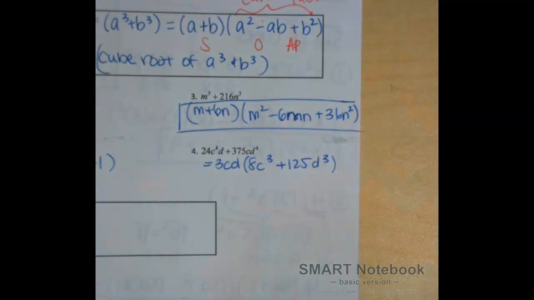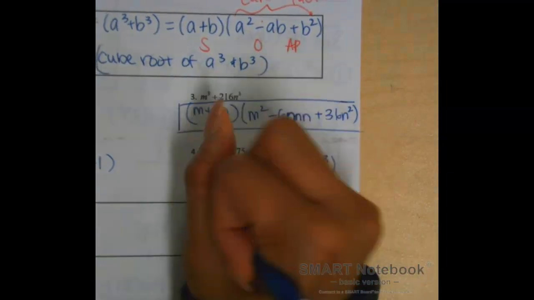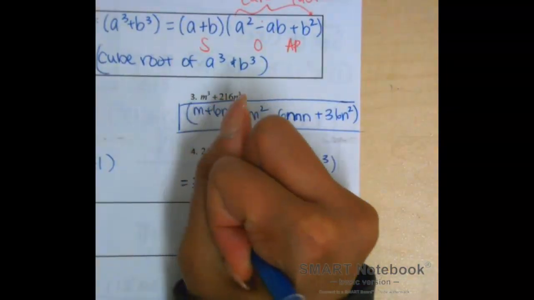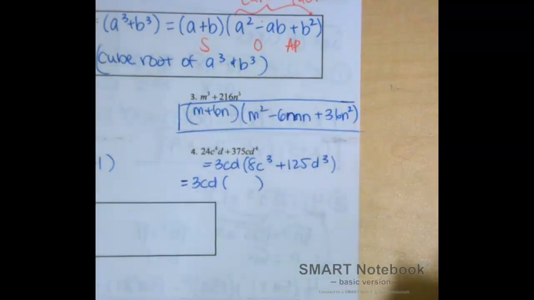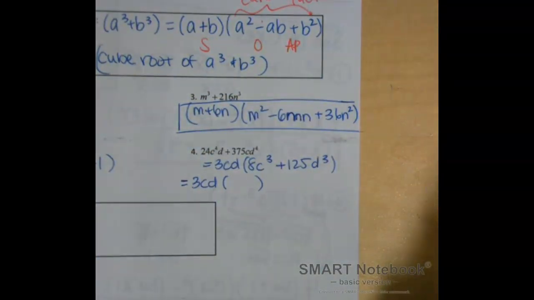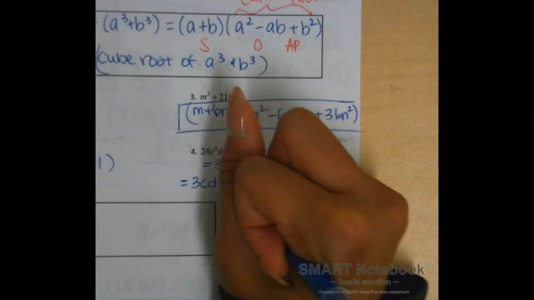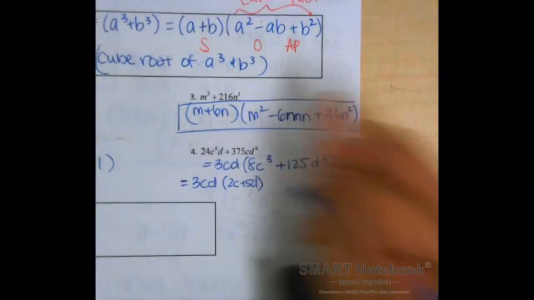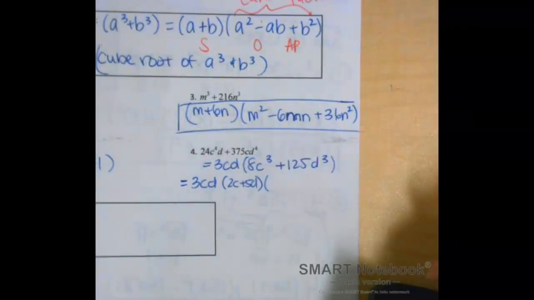All right, the last part, Melanie. I know I have a 3CD for question 4, so I'm going to rewrite this as 3CD. What should be your binomial at the front? Okay, and then go ahead and give me the first part. You should have taken the A part and squared it. So what did you get?